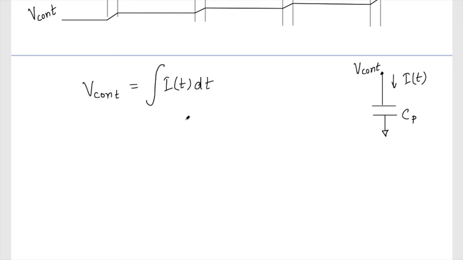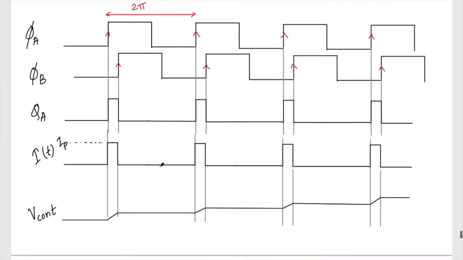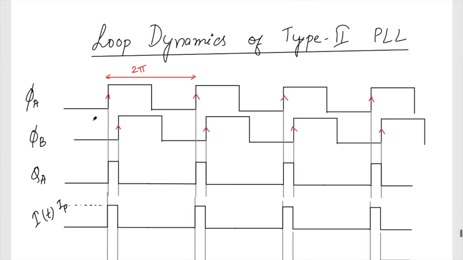This is from the basic equation of the charging phenomenon of a capacitor that we have discussed before as well. Now I need to find out this IT. It is just on, and this on value is equal to IP, and it depends upon the phase difference between QA and QB.